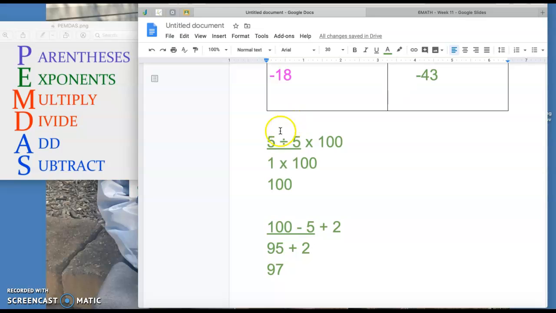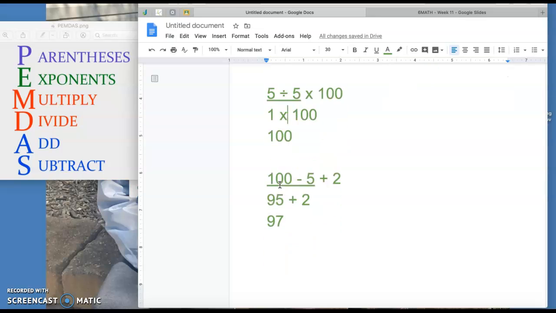So 5 divided by 5 times 100. I have division and multiplication together, so I want to work left to right. I'm going to divide first. 5 divided by 5 is 1. Then I just bring down the rest, times 100. 1 times 100 is 100, and I get my answer.